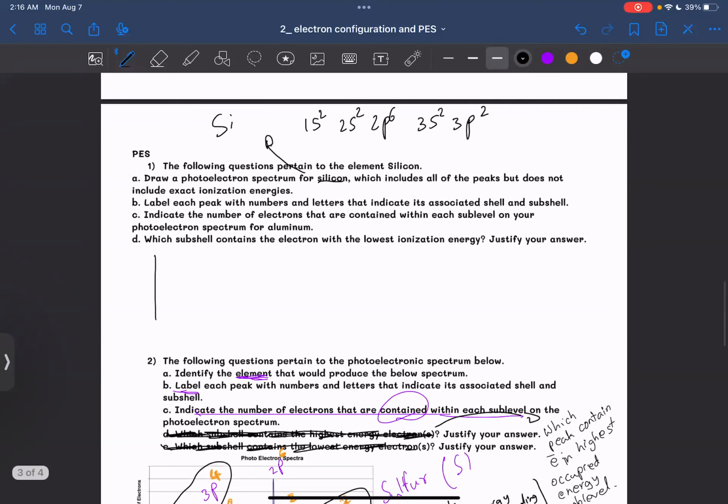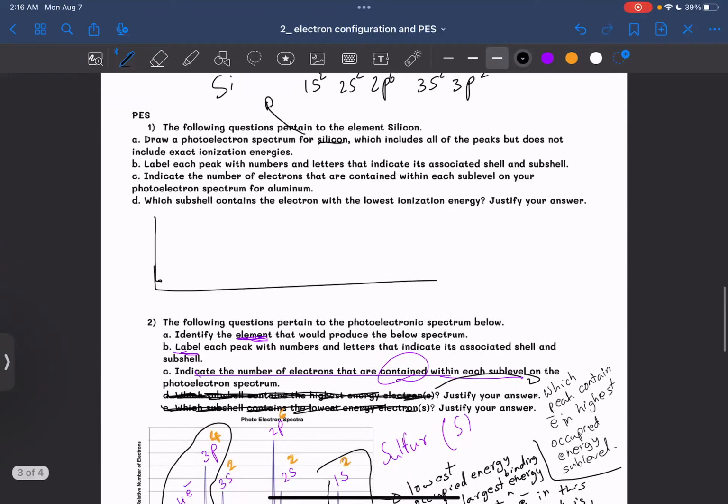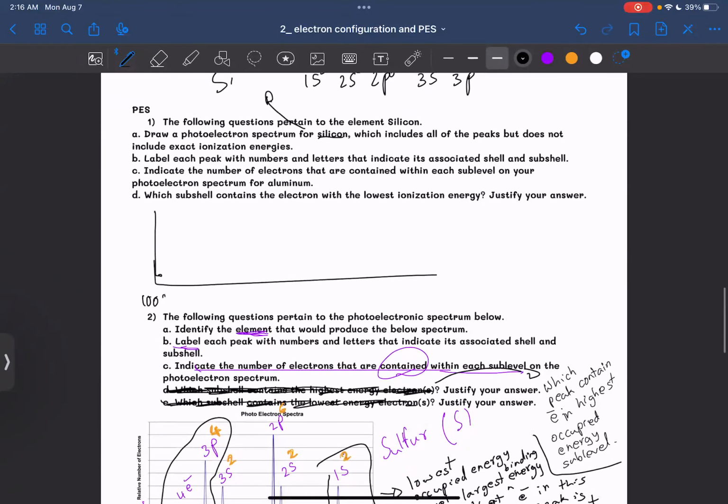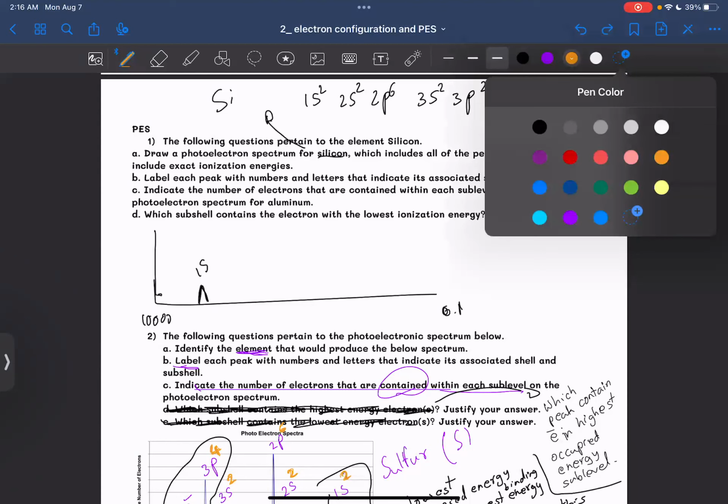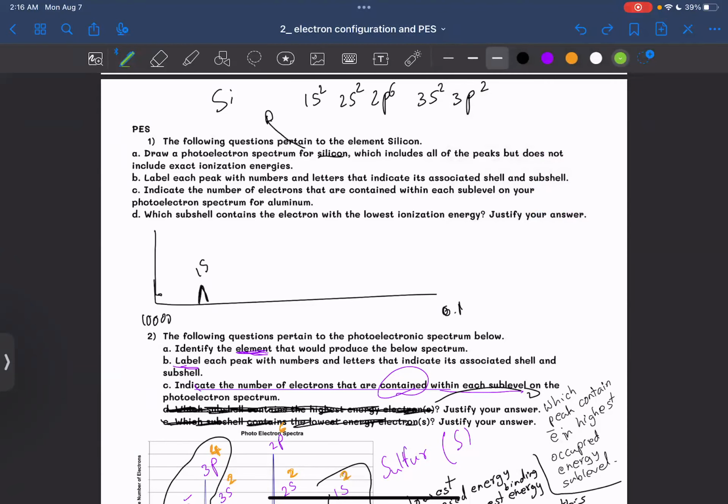Let's draw. I'm going to say this is like 1,000 or something, right? And then this is 0.1. So we're making it small. I'm going to say this is 1s. That's like 2 level. I'm going to use a different line to mark this, just as a guide so that I can draw 2 correctly.